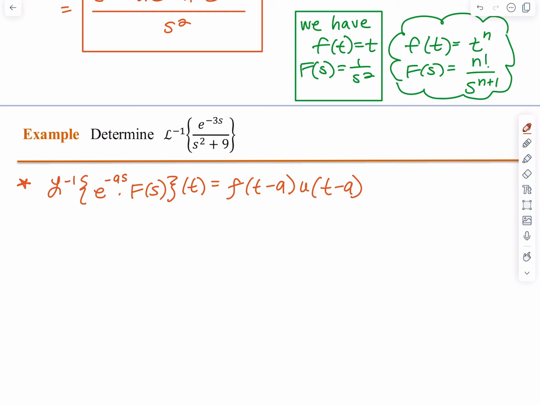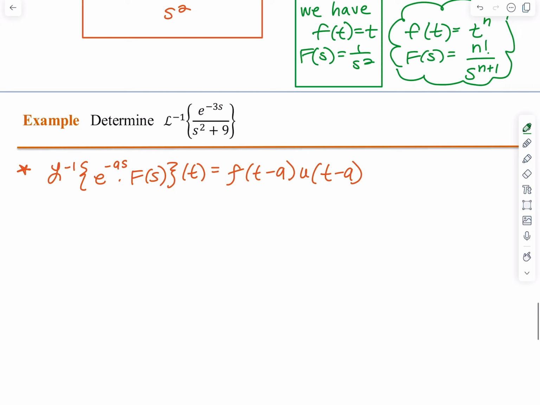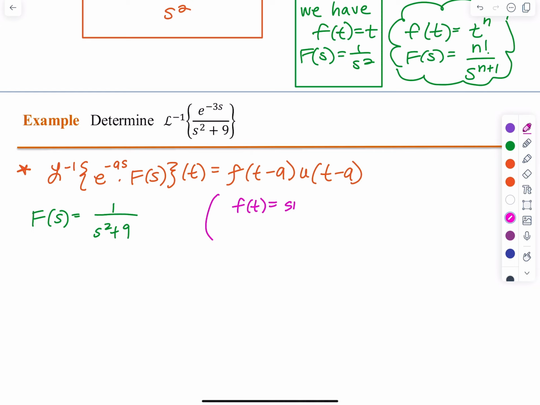Okay, so as you can see, what we have here is that f of s is equal to 1 divided by s squared plus 9. So with that, we also want to remind ourselves that when f of t is equal to the sine of bt, that Laplace transform is b over s squared plus b squared.